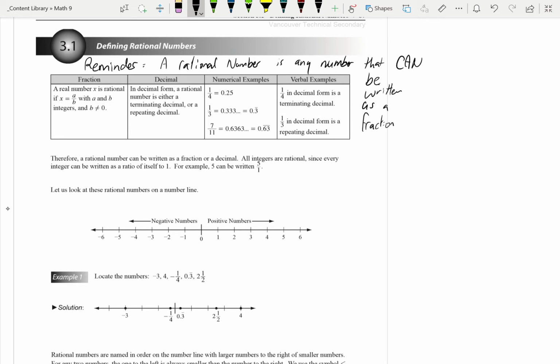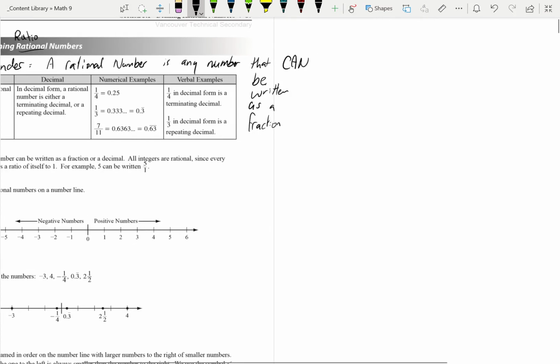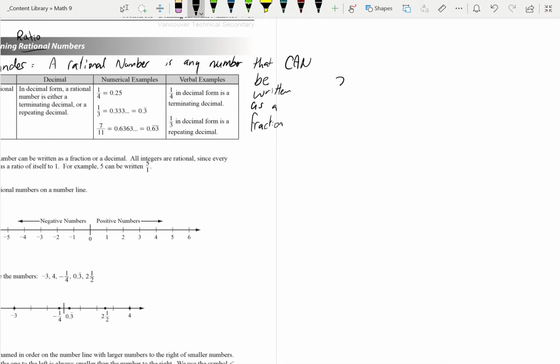And where we get the term rational is actually from the word ratio, which means to divide. So it's no surprise that, say, like 3 over 4 is rational, because it is a fraction.